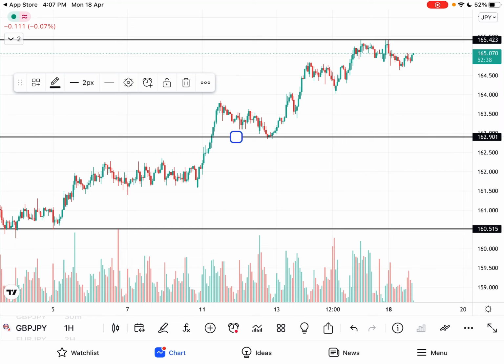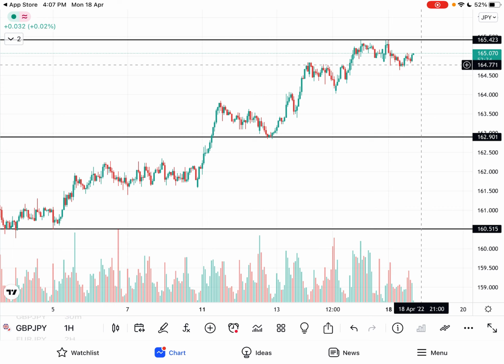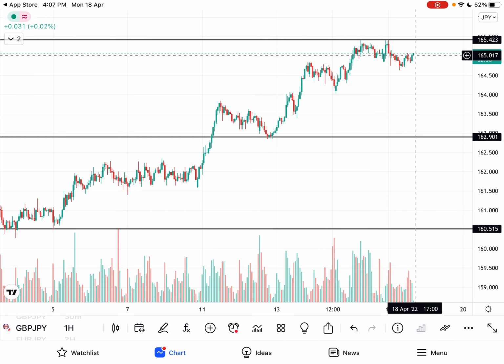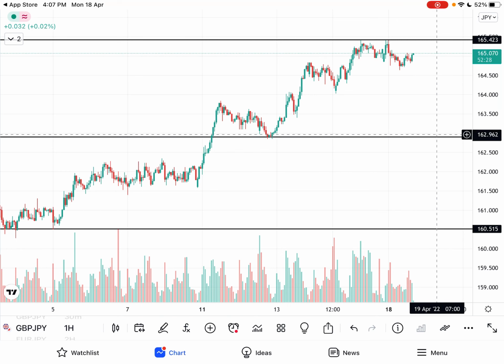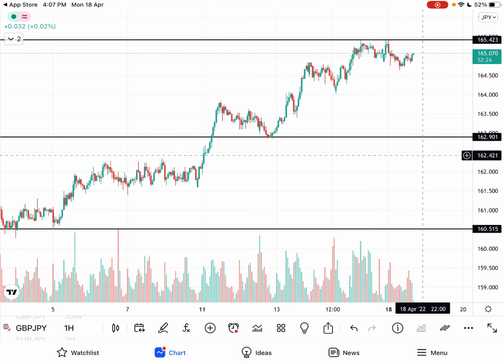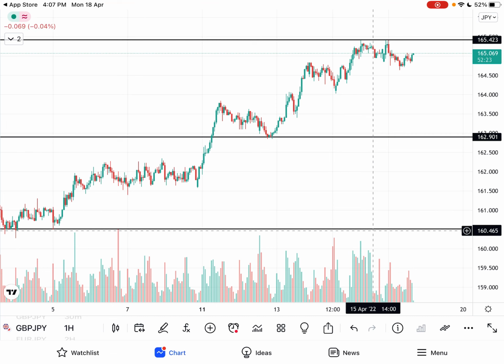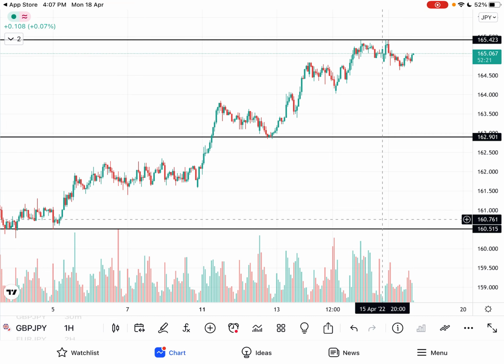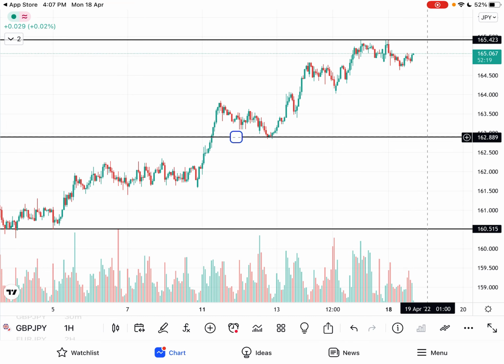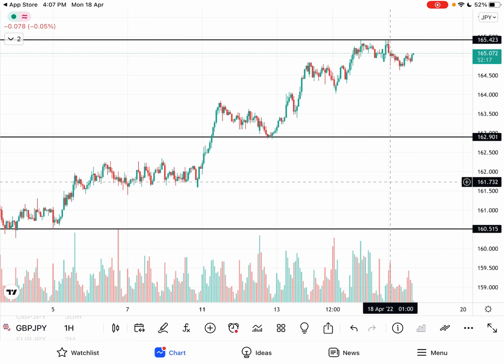If I take a sell at the resistance area, I am looking at riding the market down to the mid-level, and then vice versa. If I happen to take a buy from the support zone, I'm looking at riding the market back to the mid-level, giving us a good amount of pips. Is that okay? Now that is it.